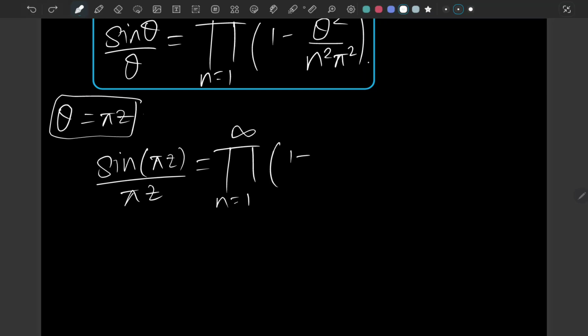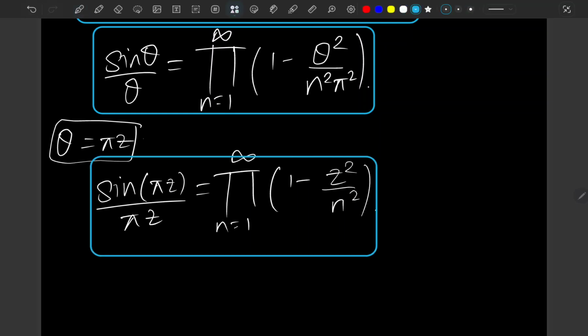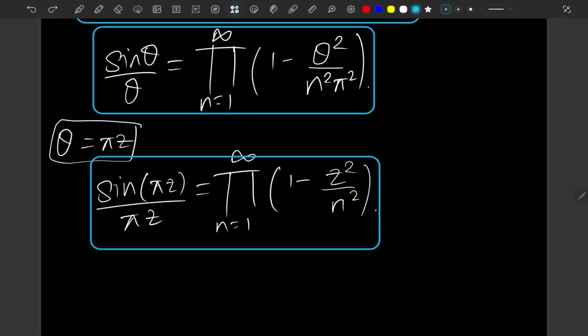When you plug theta here, it's pi squared z squared, so this pi squared cancels out with this one, so basically we're having z squared over n squared. Again, a very important relation here.